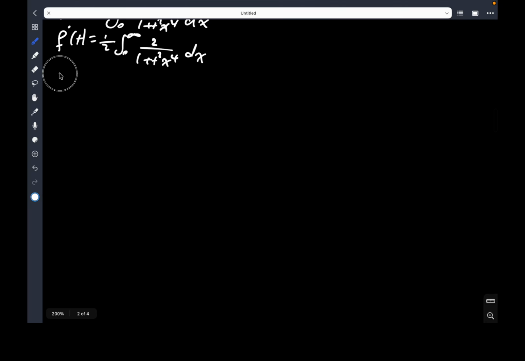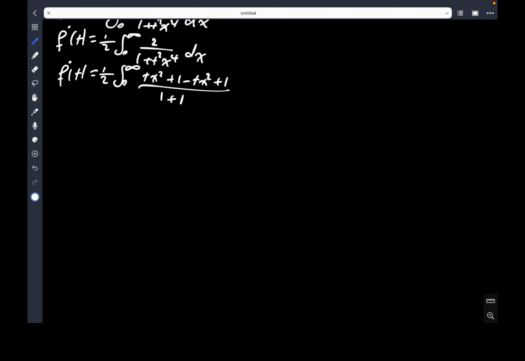Now I'm also going to add and subtract tx squared plus 1 in the numerator, over 1 plus t squared x to the power of 4 dx.